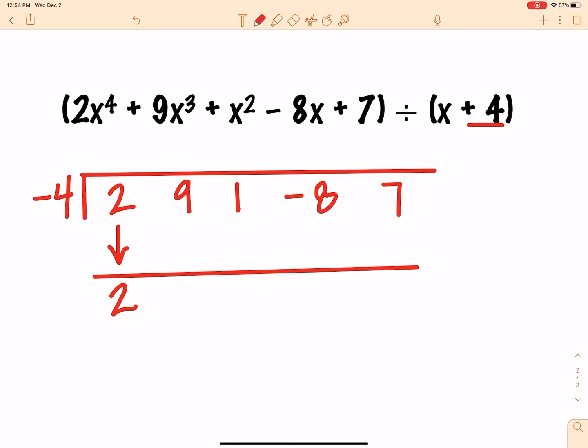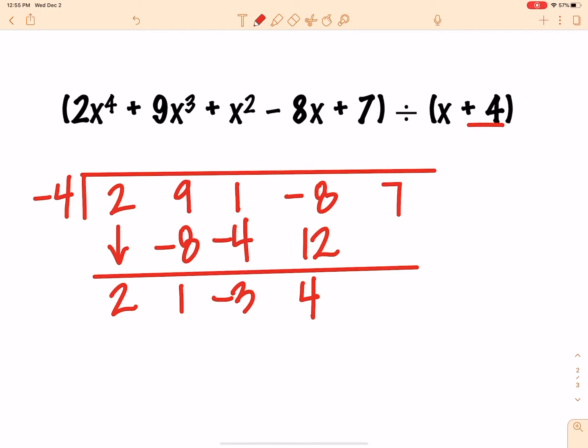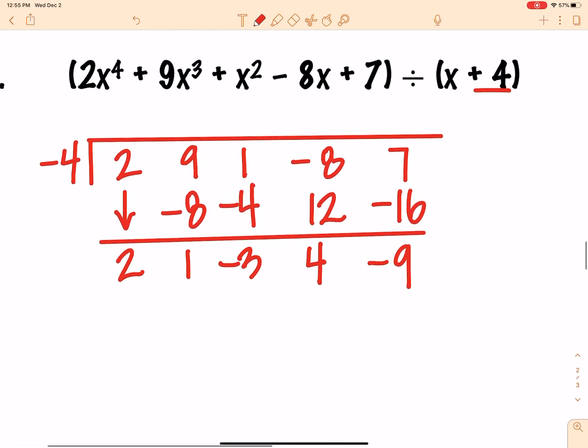So 2 times -4 is -8. We add those together to get 1. Multiply times the outside to get -4. We add those together to get -3. Multiply times the outside to get 12. And then we get 4. Lastly, multiply outside to get -16. And we get -9 as our remainder, as we know is the last one.